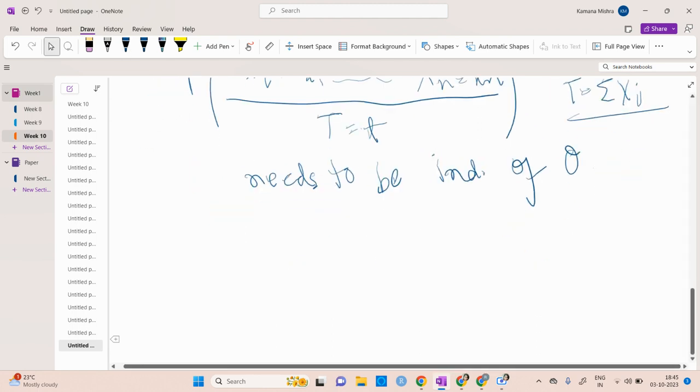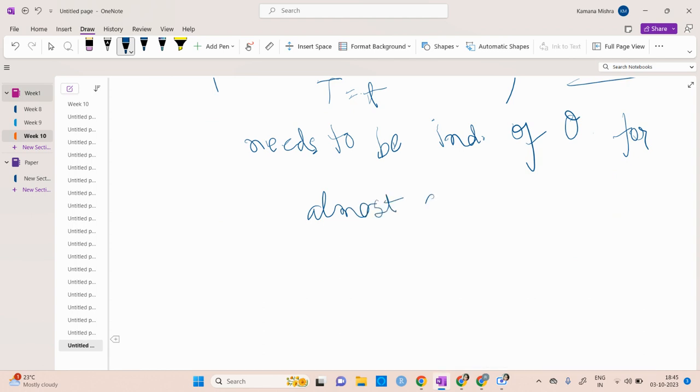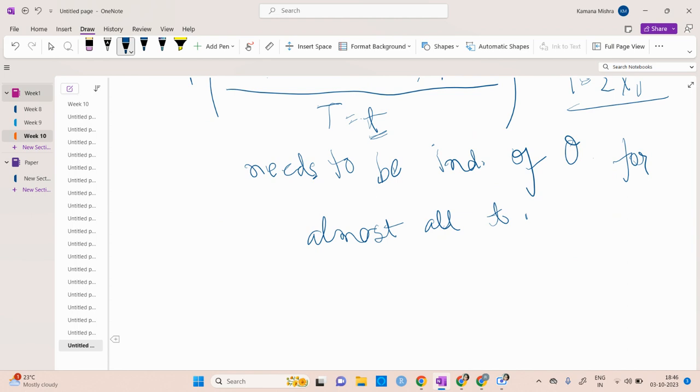If this is independent of theta for almost all t, then we say that this is the sufficient estimator.